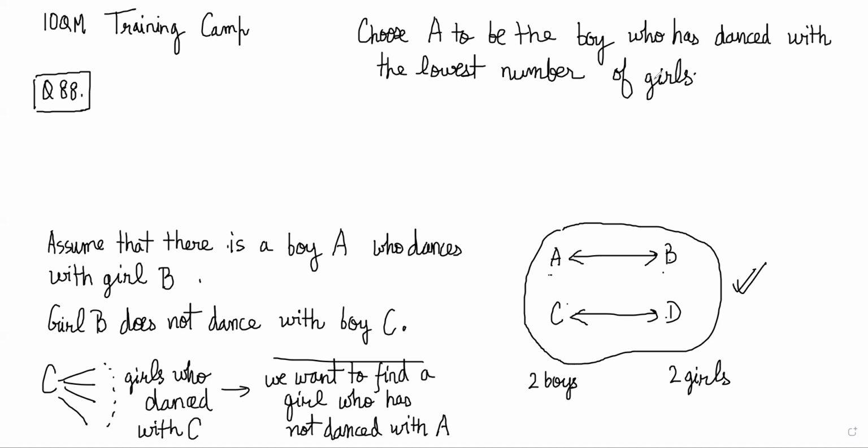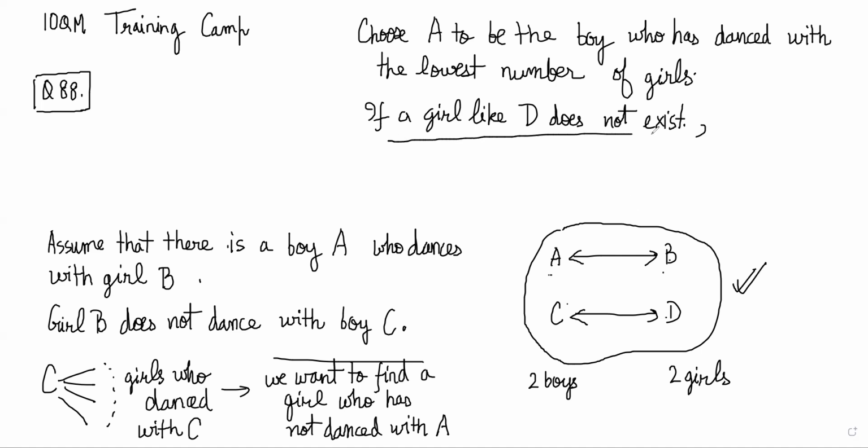So we know by our assumption that if a girl like D does not exist, what was special about the girl D? The girl D was a girl who has danced with C and has not danced with A. So if a girl like D does not exist, what does that mean?